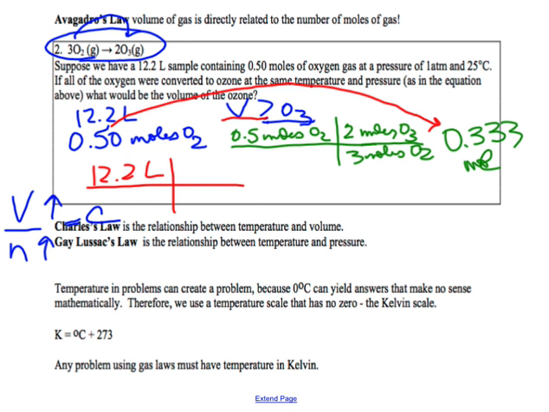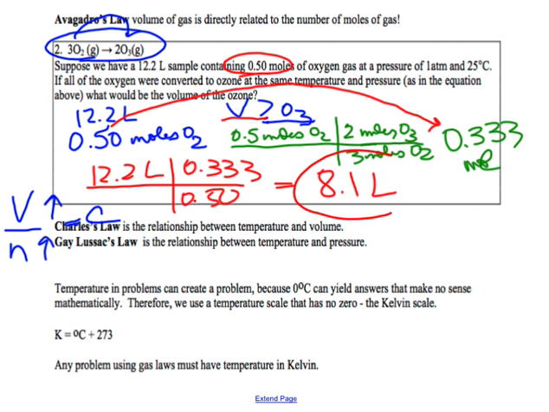Volume decreases. So I'm going to multiply by a fraction of those two numbers. That's going to make that 12.2 decrease. What goes on top of what? 0.333 over 0.5. So my final answer to 2 sig figs is how many liters? 8.1 liters.